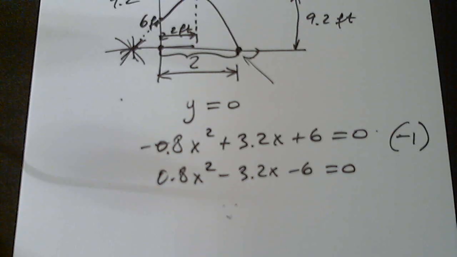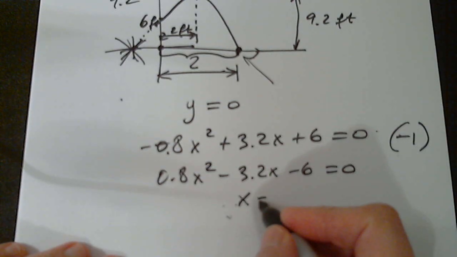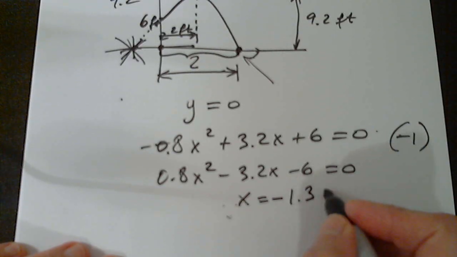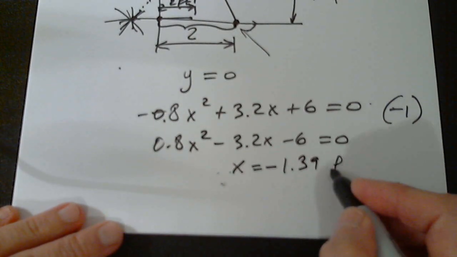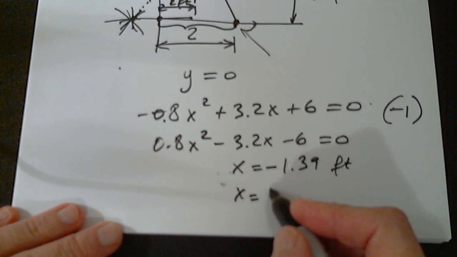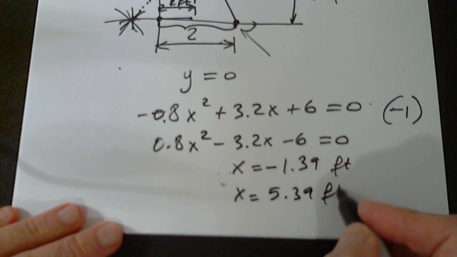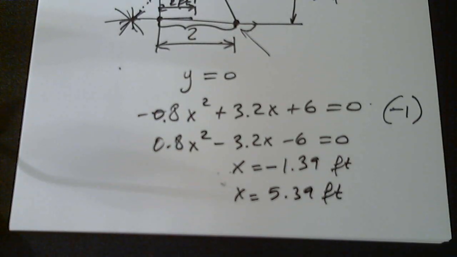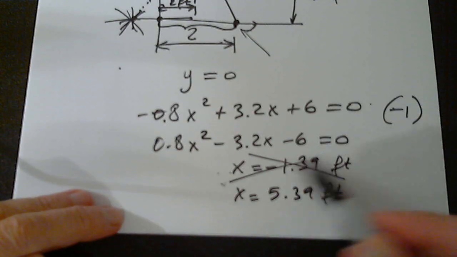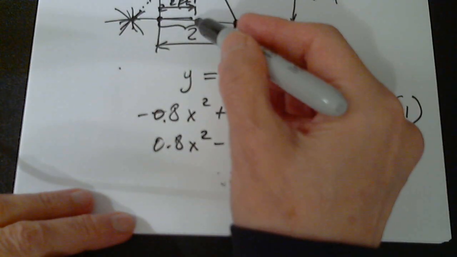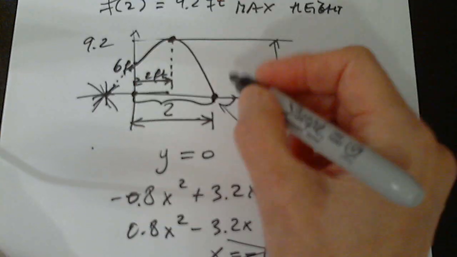And then click. So one solution is, as expected, negative 1.39. Nobody cares about this in feet. And the other one is 5.39 feet. So this we don't care. So this is 2, and this is 5.39, and it makes sense.